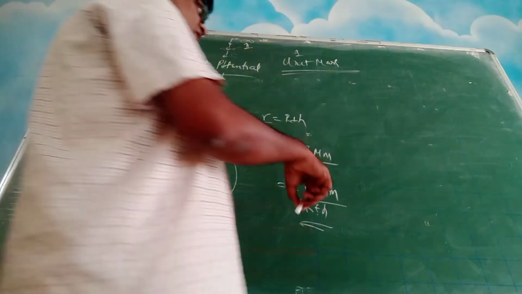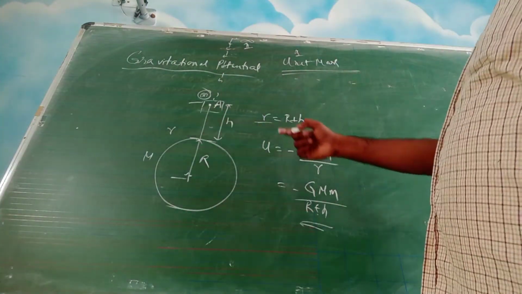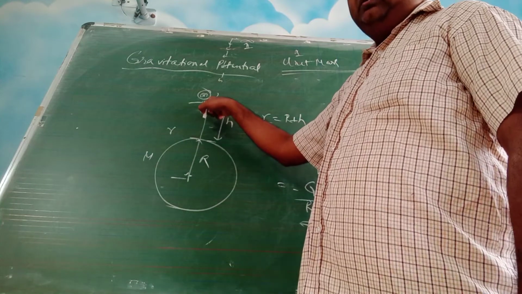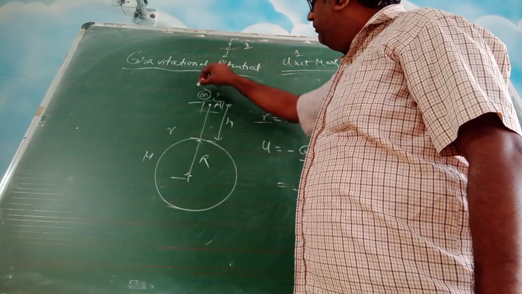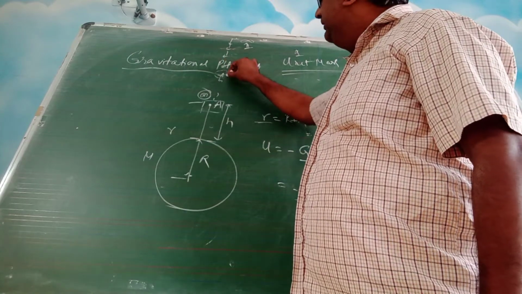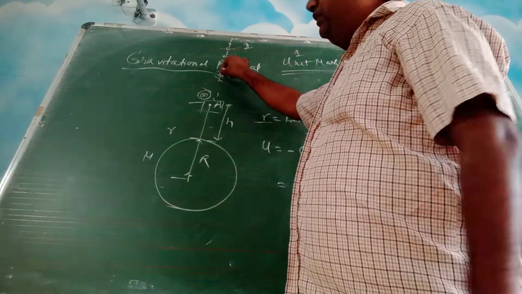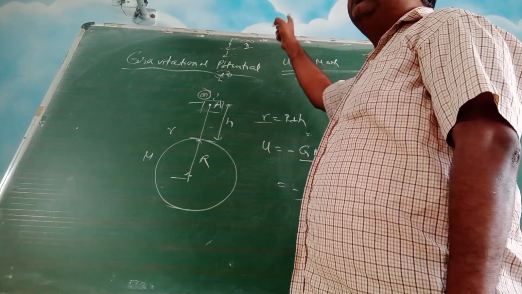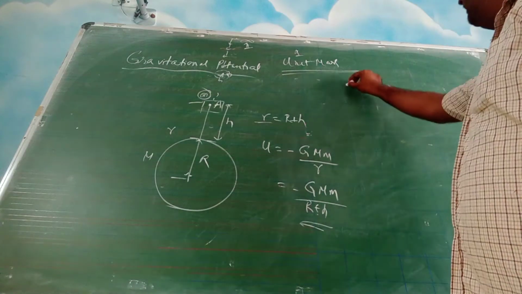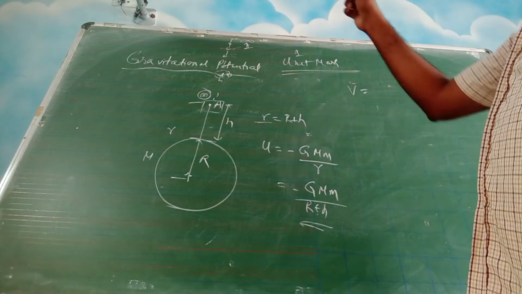That work done to bring that unit mass from infinity to this point, because we are calculating here. If you are bringing it to some other point, the potential will be calculated at that point. This point can be B. So wherever the point we are talking about, you are bringing that unit mass from infinity to that point.